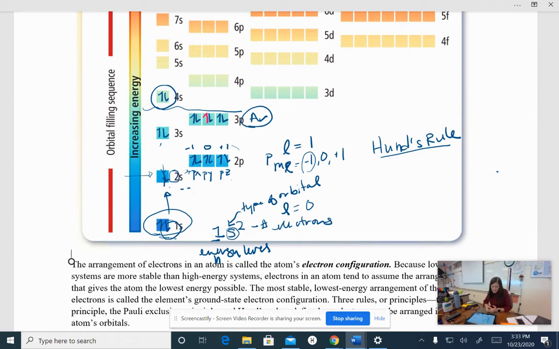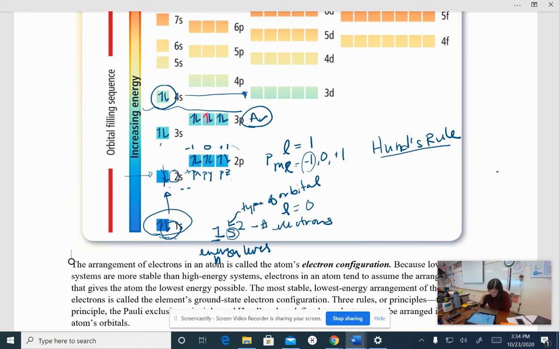Now, next thing you would say, okay, 4p would be next. But look, before we get to 4p, 3d is actually a little bit closer in energy. And notice 3d is more energy than 4s.